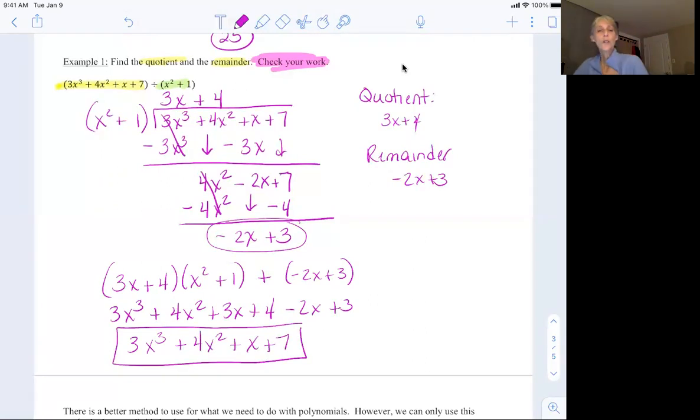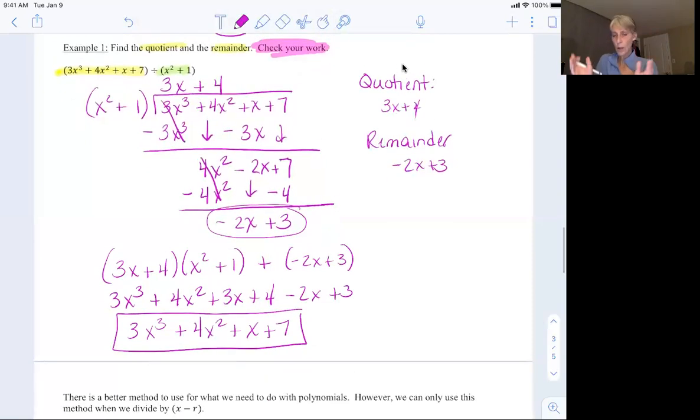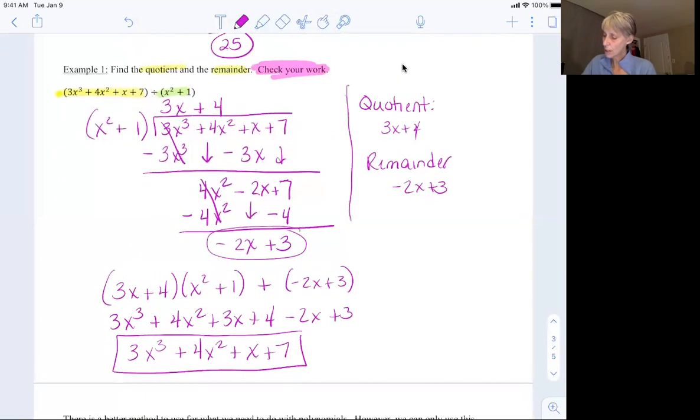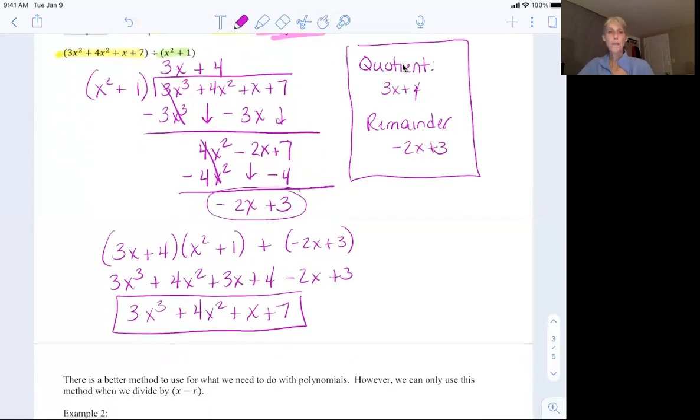Now you could practice this for any of your homework questions, but as long as you understand the concept, I'm okay with you just identifying the quotient and the remainder. One thing we could say about polynomial long division is it's very useful, but it's time consuming and you can get messed up with the x's.